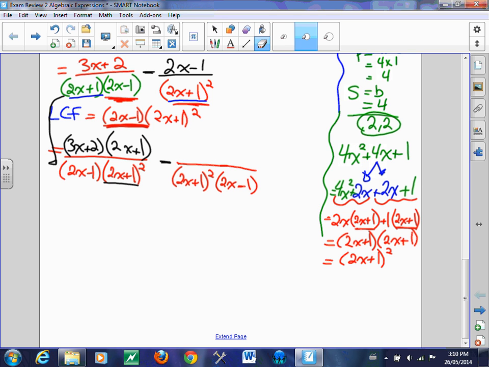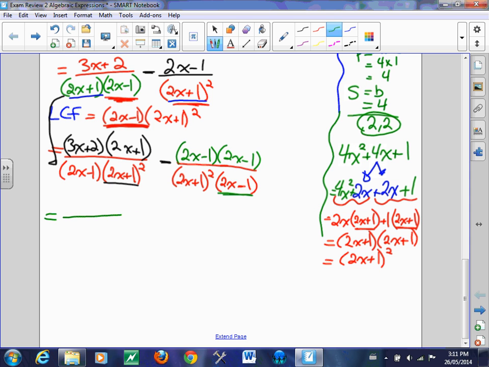Let's be colorful today. So I already have 2x minus 1, and I have to multiply the numerator by what I multiplied the denominator by, which is 2x minus 1. That looks hard, but the good news is I can do one straight line because now I've got my lowest common factors all together.